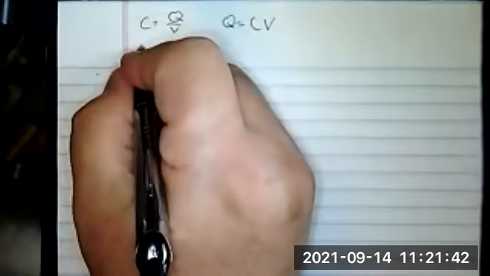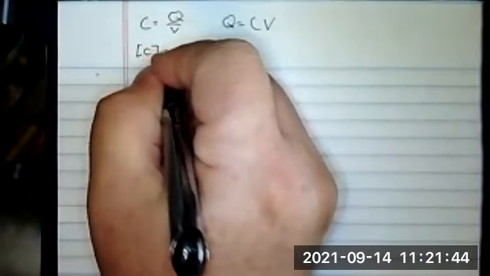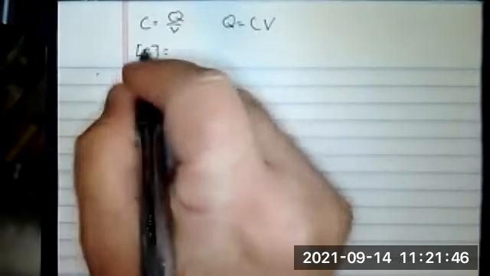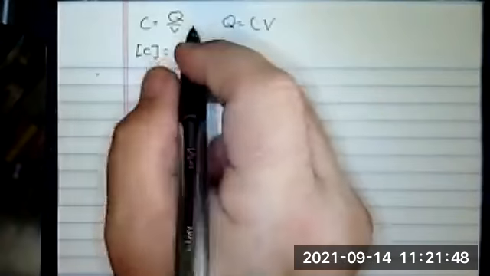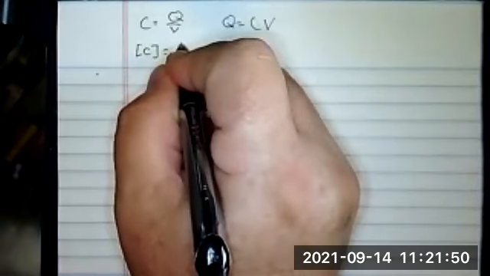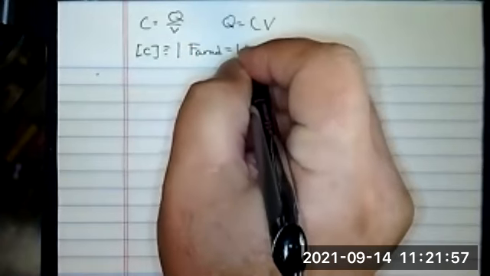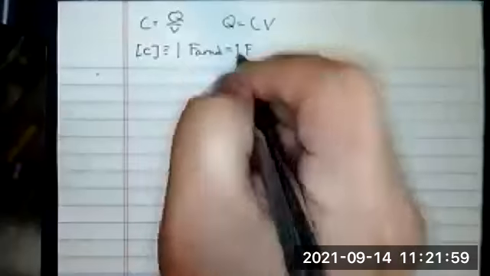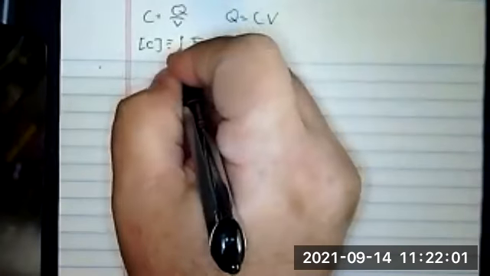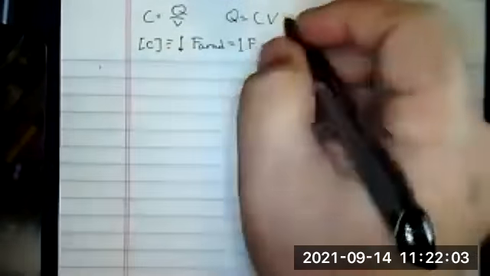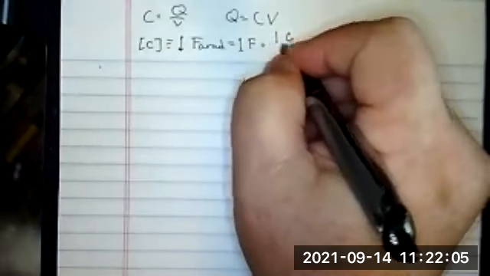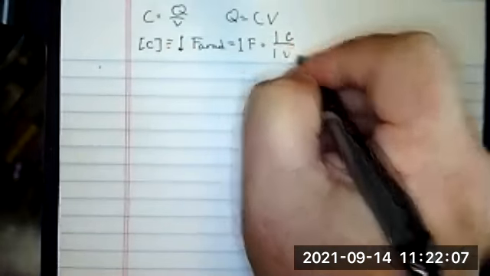Now, what this tells you is that the unit of the capacitance, C, notice I put a square bracket around it, that means dimensions or units. So in this case, it's called 1 farad, written 1 capital F. Now a farad is defined to be 1 coulomb per 1 volt.